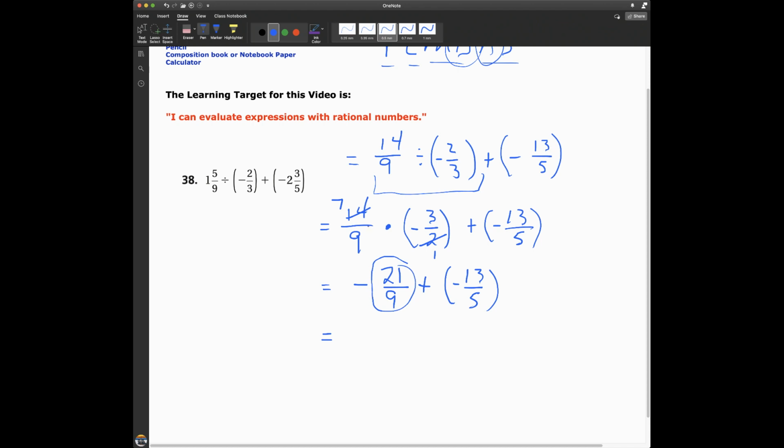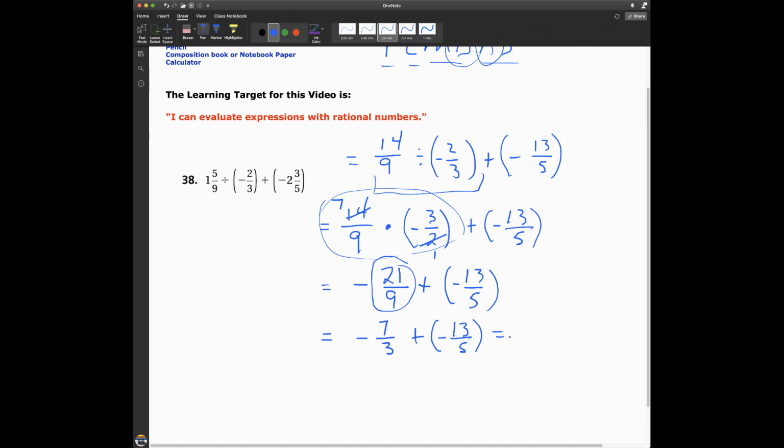Whenever I do canceling, if my answer is something that I can cancel, that means up here I didn't do all the canceling I could, and I didn't even see it, that I could cancel the 3 and the 9. But that's okay, I can do it down here. Let's divide these numerator and denominator by 3. So this is negative 7 over 3 plus negative 13 over 5.